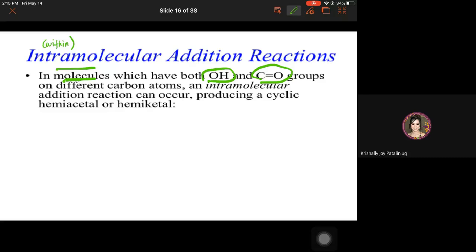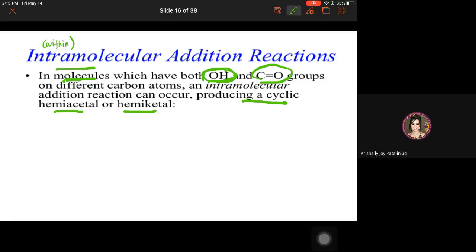Again, in one structure, it already has a carbonyl group, which could be an aldehyde or a ketone. Plus, at its terminal part, it also has an OH group. So the addition of alcohol happens intramolecularly within itself. And what will be the product? It will produce a cyclic product, because the reaction is within. We will produce a cyclic hemiacetal or a cyclic hemiketal.